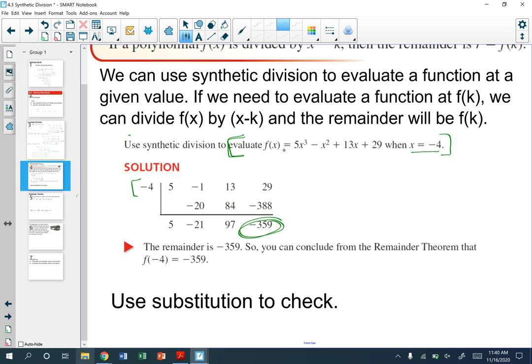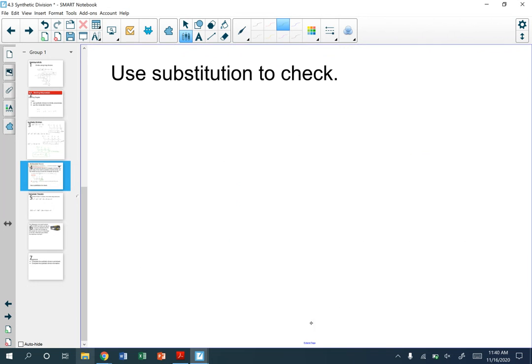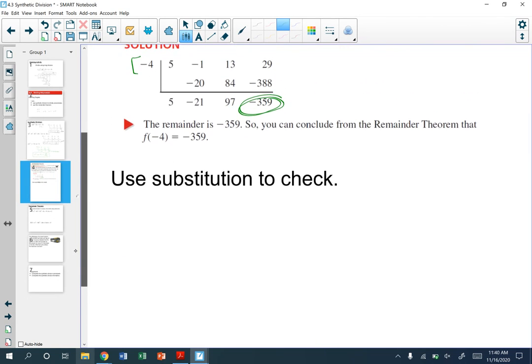So this function, f of x equals 5x cubed minus x squared plus 13x plus 29, when x equals -4 is -359. So let's go ahead and use substitution to check that, to see how this works.